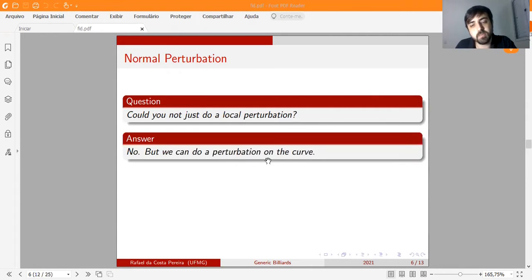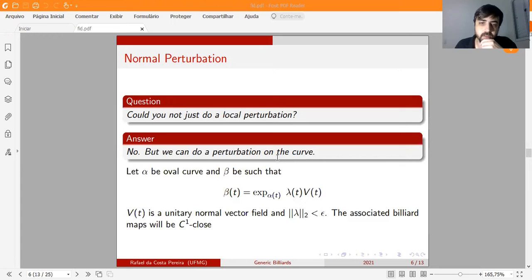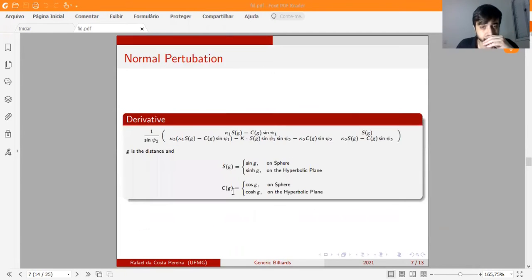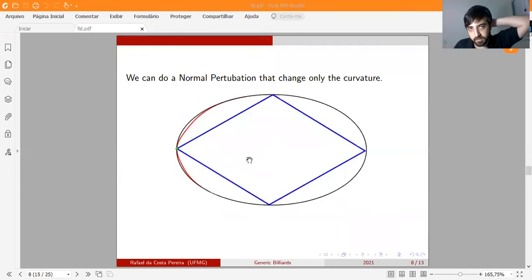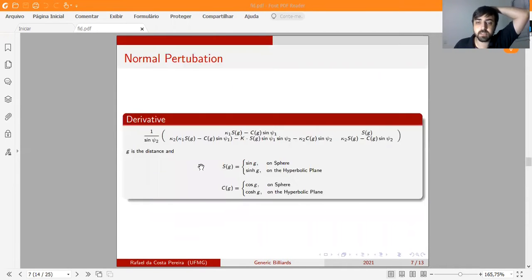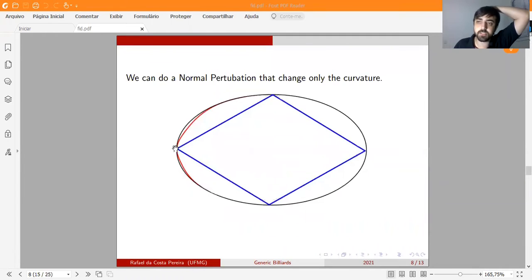So what we can do is perturb the curve with a normal perturbation, that is, we take a curve and perturb it in the direction of the unit normal vector. This, together with a good expression for the derivative of the twist map of the billiard, allows us to do perturbations that change only the curvature.